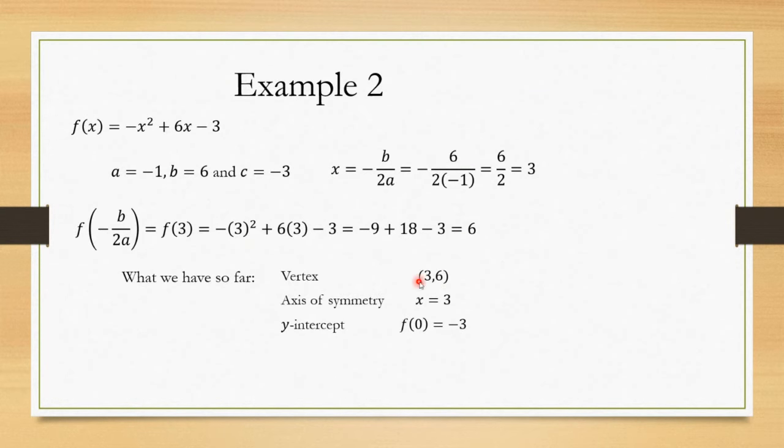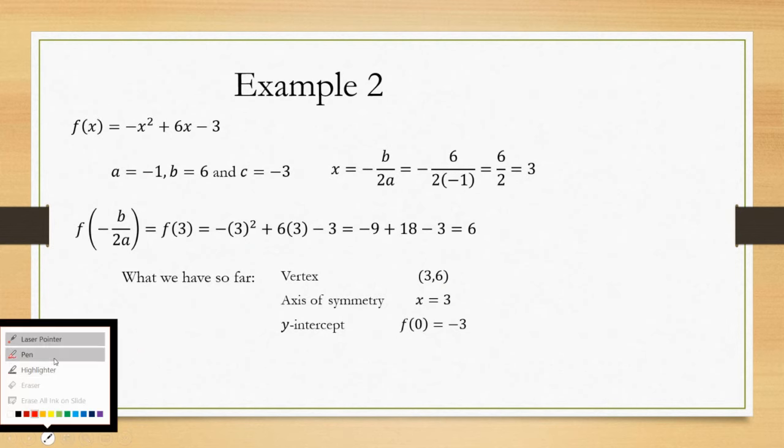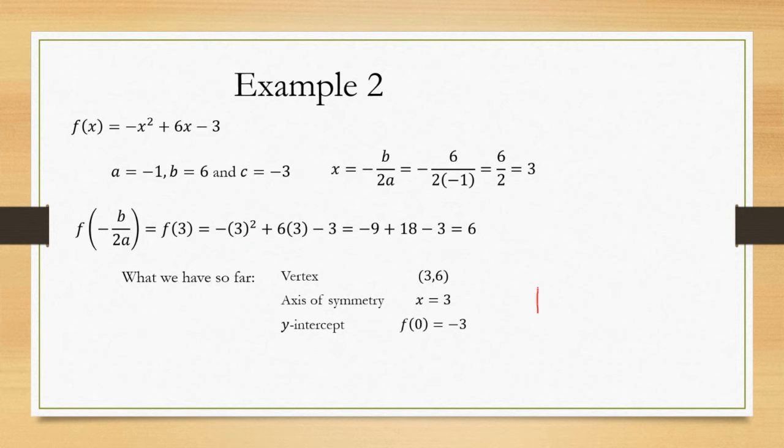Notice also that with the a, since a is negative, we know the graph has to open downward. So the graph is going to do something like this, because a is negative. Not only that, we know what the vertex is. The vertex is the top point here, 3, 6.